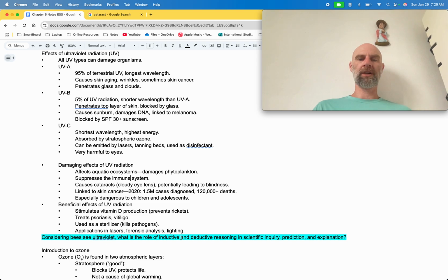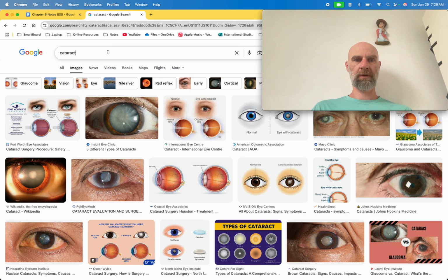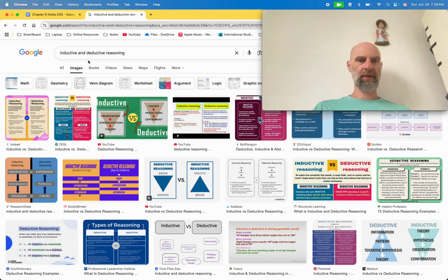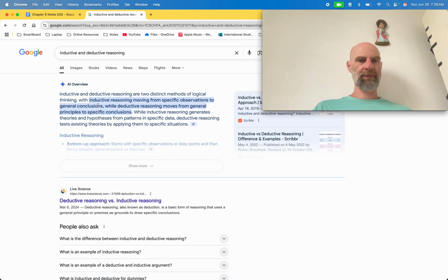What is the role of inductive and deductive reasoning in scientific inquiry, prediction, and explanation? Let's look at inductive versus deductive. Inductive reasoning moves from specific observation to general conclusion.